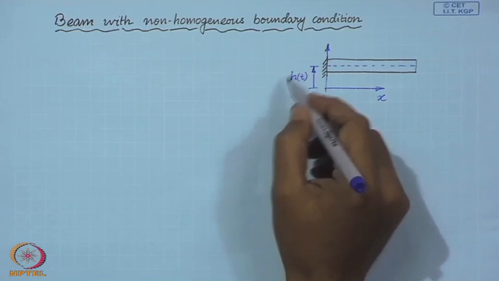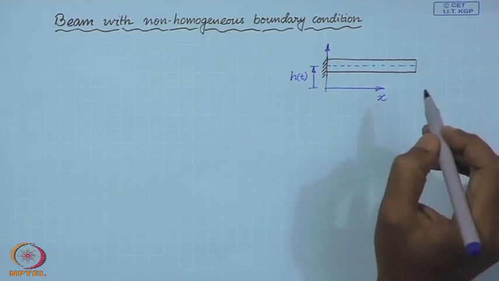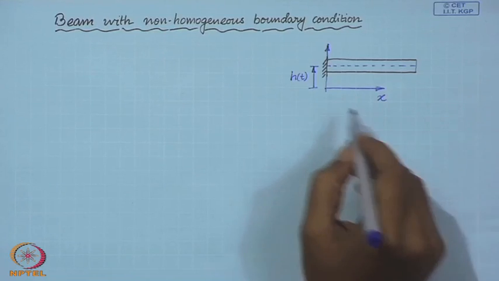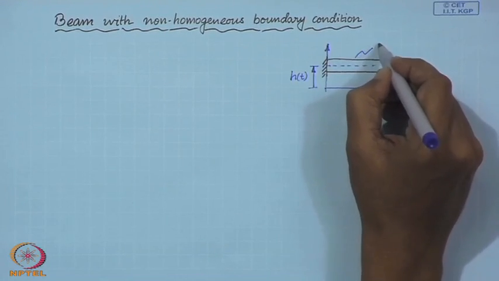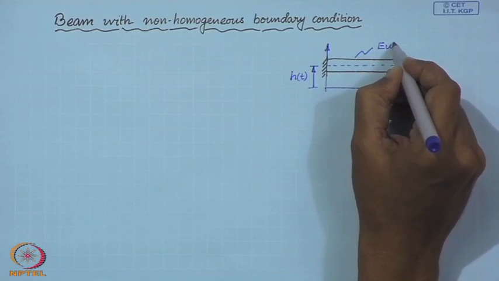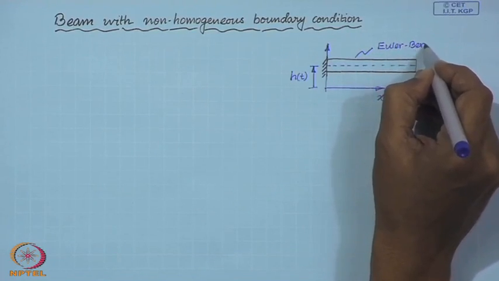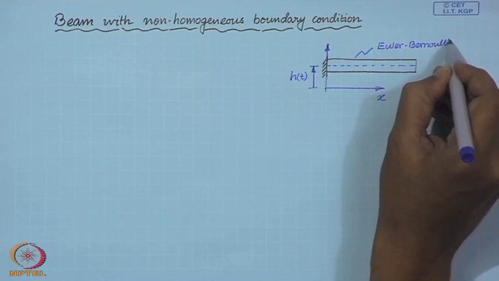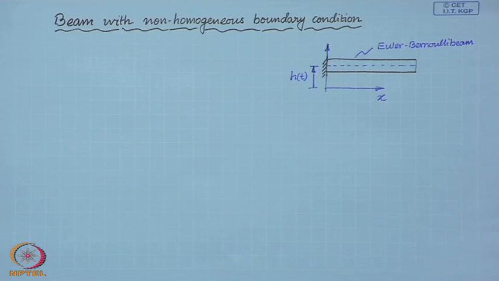So, this is a time varying function which is specified, let us say, and we will consider that this is an Euler-Bernoulli beam.